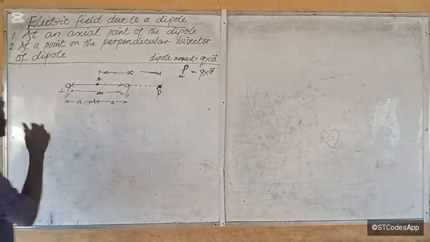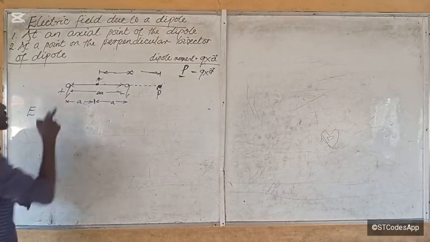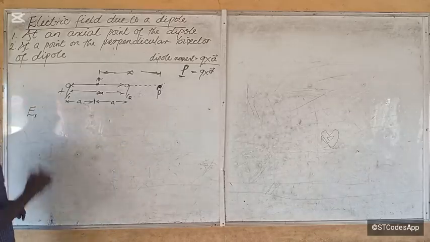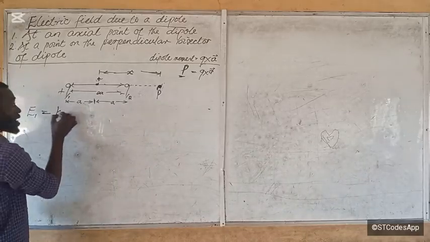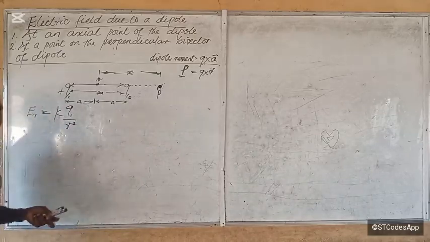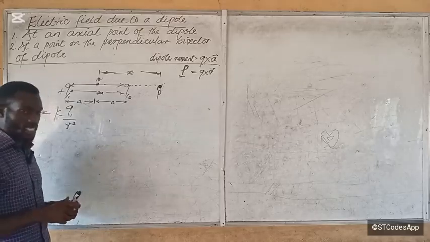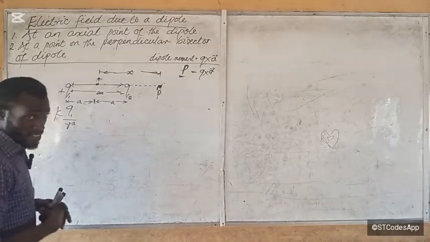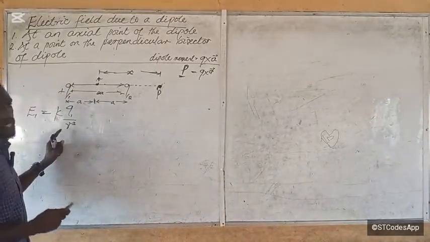Now, let's call this charge 1 and charge 2. So electric field 1 will be equal to what? KQ1 over R squared. Does that make sense? Okay. Now you know that here, our R is going to be affected.